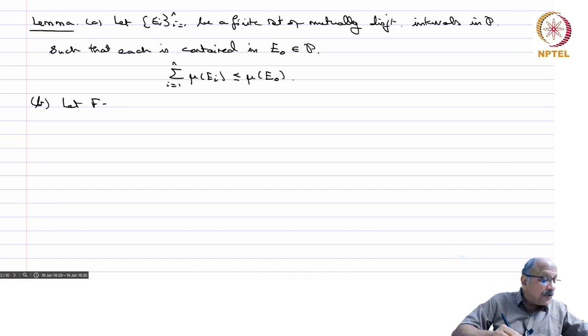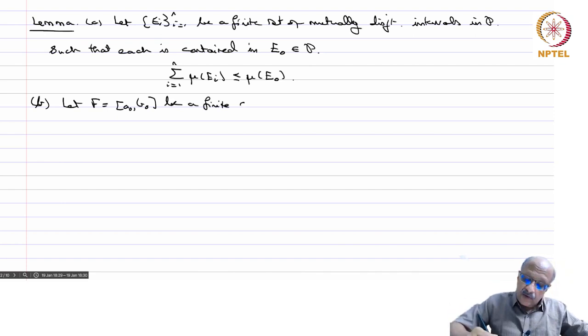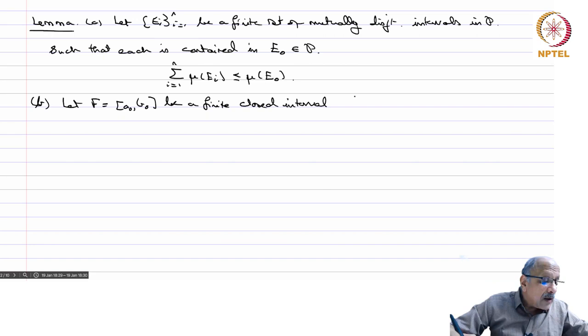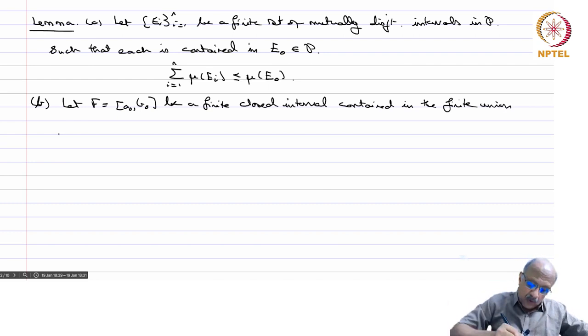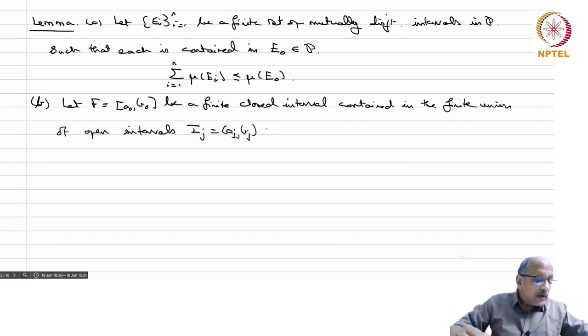But yes, (b): let F equal to [a naught, b naught] be a finite closed interval, contained in the finite union of open intervals Ij equals (aj, bj), 1 less than or equal to j less than or equal to n.